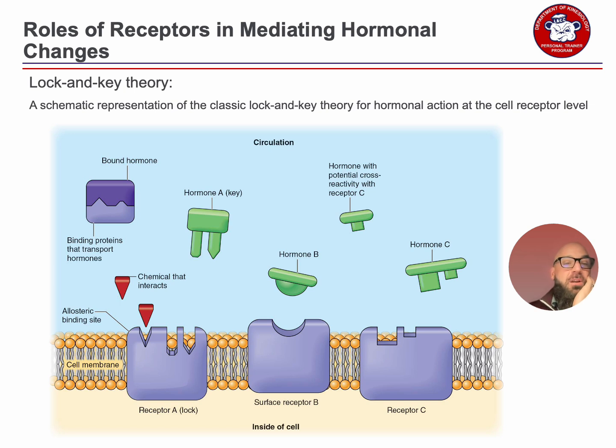So you see hormone A up there, which looks like it would fit perfectly in receptor A. Hormone B in the middle fits into surface receptor B. And then hormone C fits in receptor C. But you also see over here in the upper right-hand area a hormone with potential cross-reactivity with receptor C, because there's a little piece there that could fit into receptor C, the smaller square in the middle. So there's some potential for a little bit of disruption.